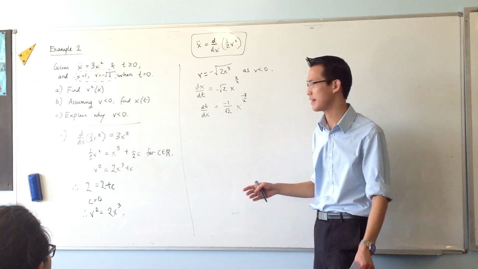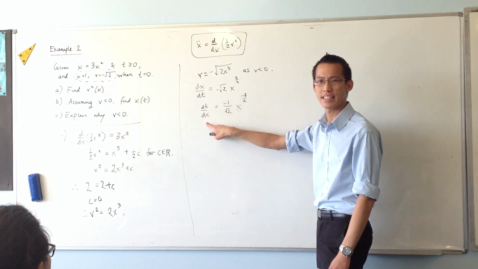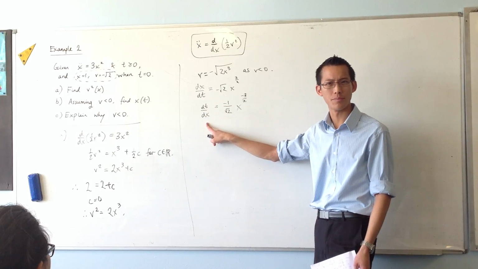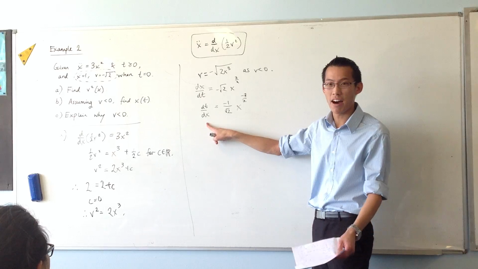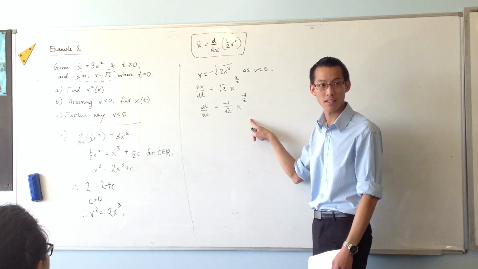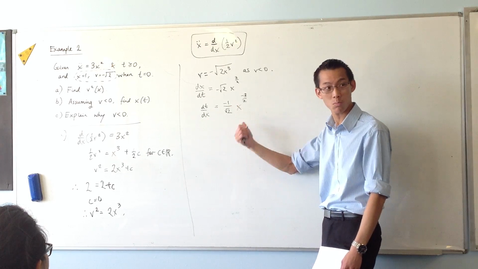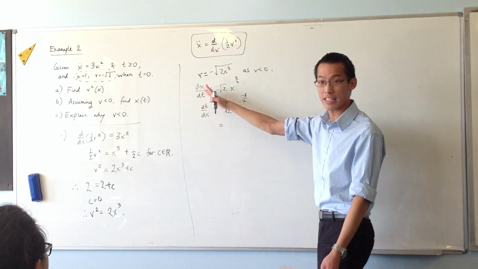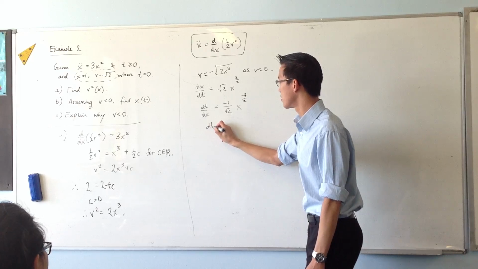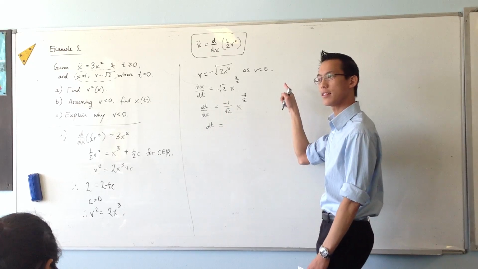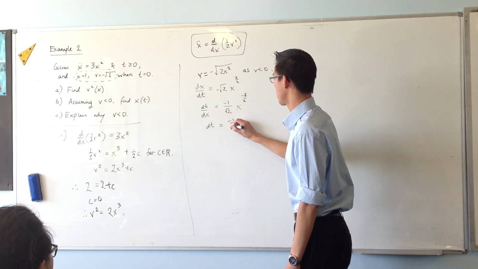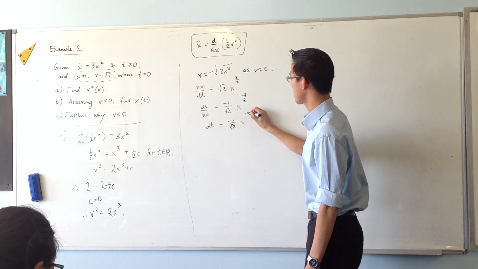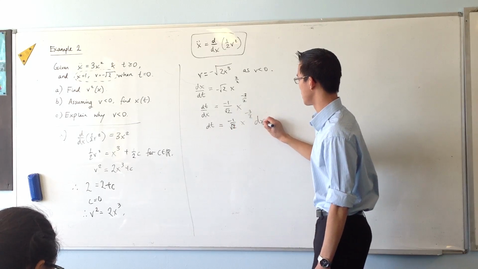Where would be the best place for our dt and our dx? Where should we put them? Okay? Now, I'd recommend that you've got x's over here, so the dx probably belongs over with the x's, right? So I'm going to leave the dt there, and I'm going to cut the dx over the other side. Minus 1 on root 2, x to the power of that, dx.